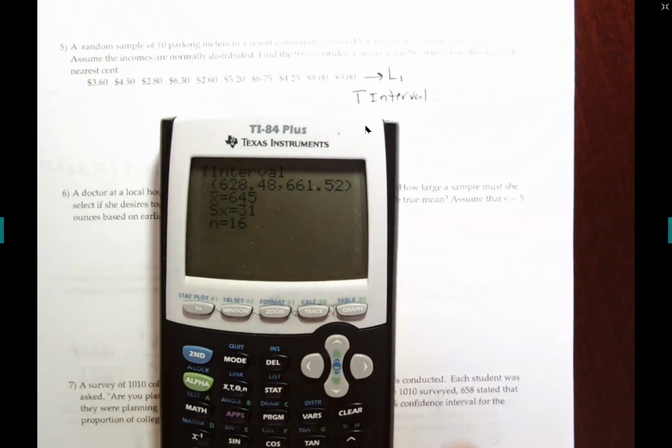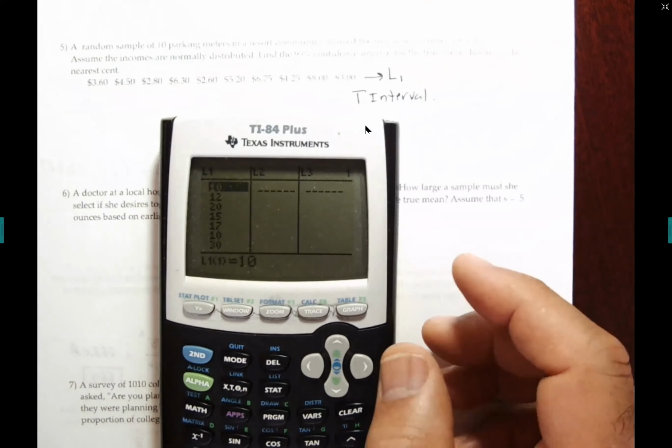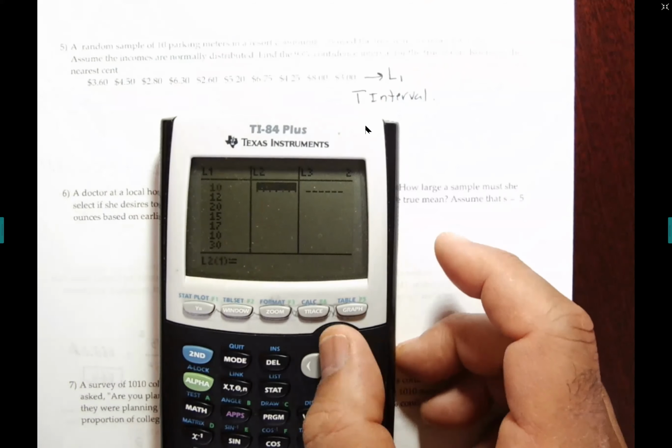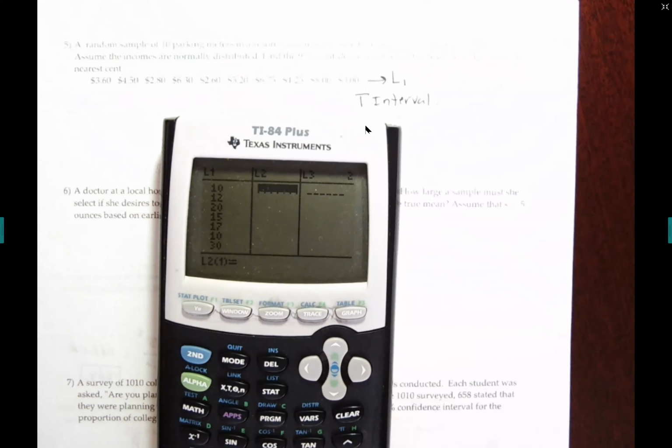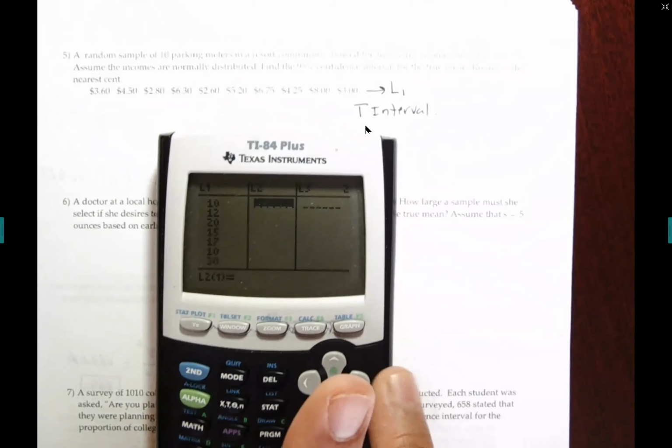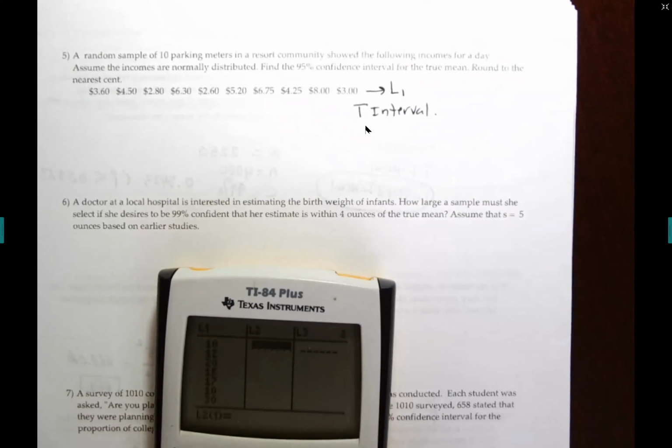So what do I have here? I go to stat, edit. Okay, I'm going to keep the data in L1. I'm just going to put my data in L2. So what do we have here? 3.6, I'll enter it. 4.5, 2.8.